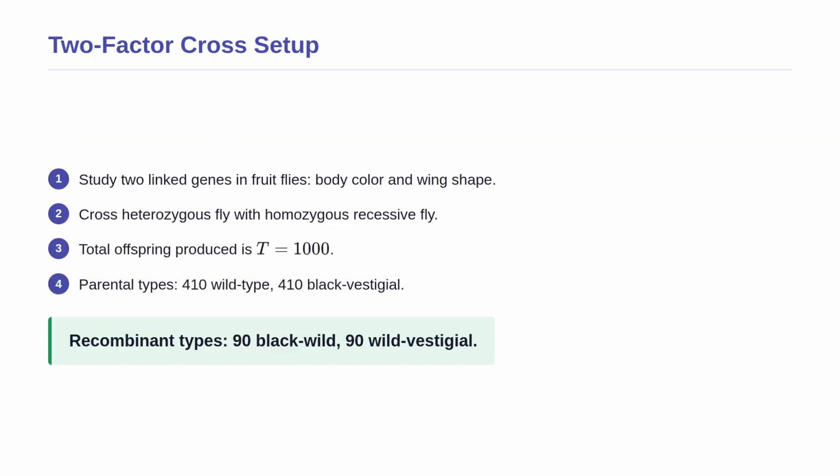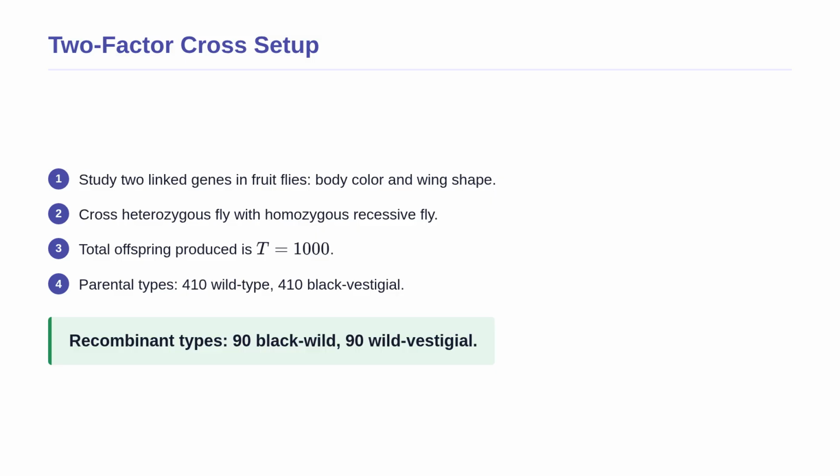Before we move on, let us see this formula in action with a concrete example. Let us say we are studying fruit flies, looking at two linked genes, one for body color and one for wing shape. We cross a heterozygous fly with a homozygous recessive fly, and we get exactly 1,000 offspring in total.